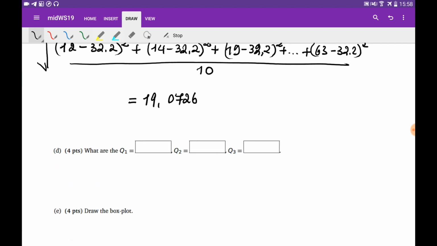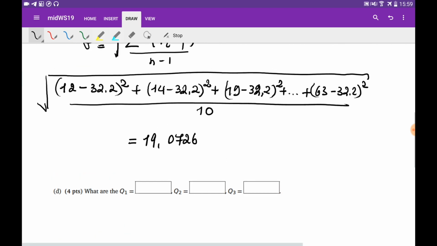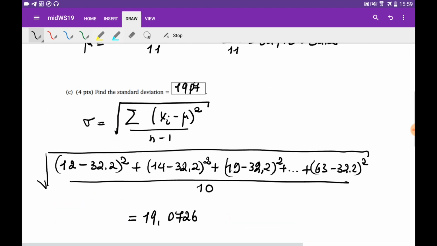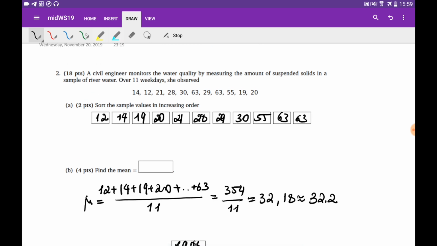In question number 4, in the D part of this question, we need to find Q1, Q2, Q3, which are going to be medians. Q2 is the median of this data set. The median is the point which is in the middle, right? We need to count 1, 2, 3, 4, 5, 6. So this is going to be the median of this data set, which is Q2.